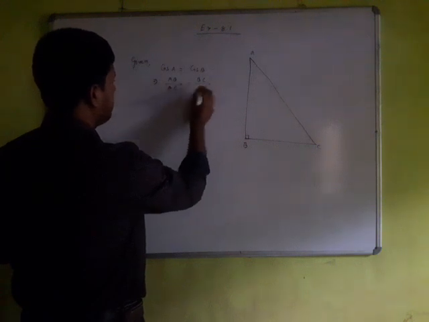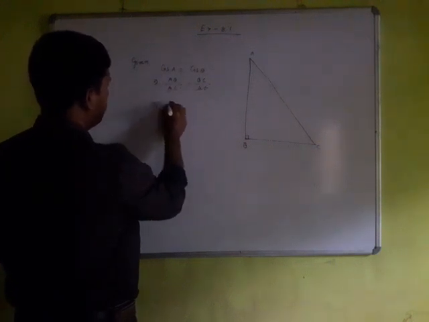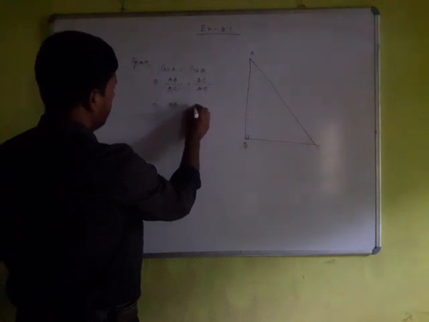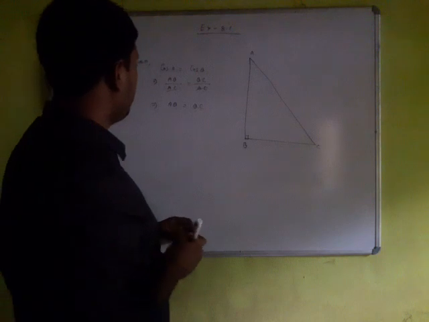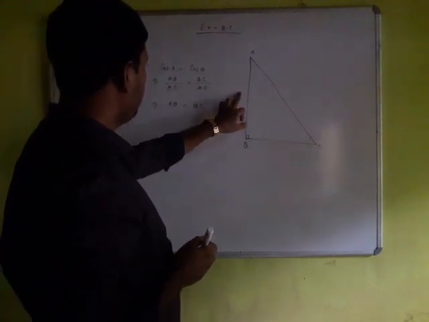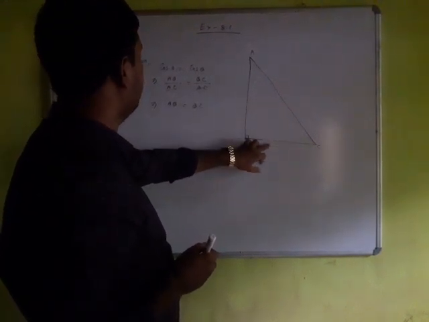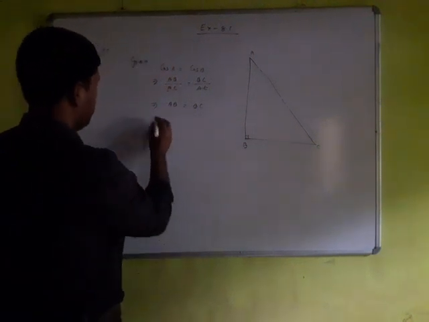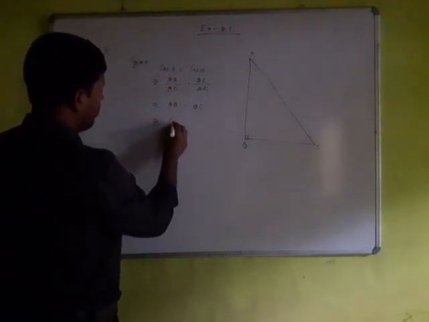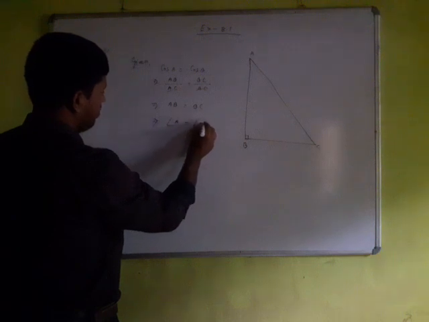So AC cancelled, AB equal to BC. If in a triangle two sides are equal, that is if AB equal to BC, then the two corresponding angles are also equal. So angle A equal to angle C.